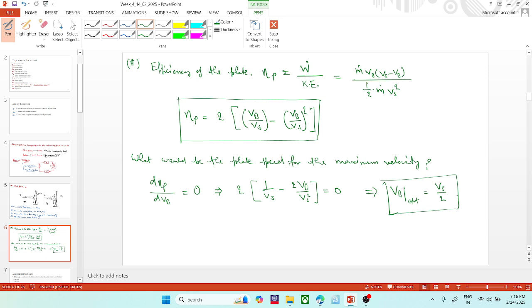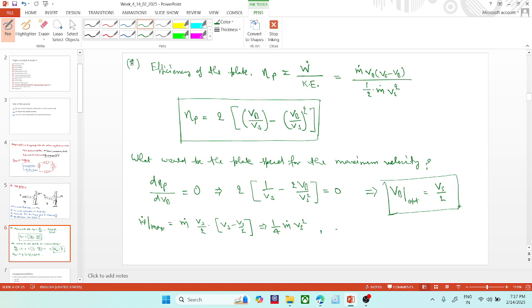Okay. And when we put this value into the expression of the power, W dot max would be m dot into Vs by 2 into (Vs minus Vs by 2). So this will become 1 by 4 of m dot Vs square.